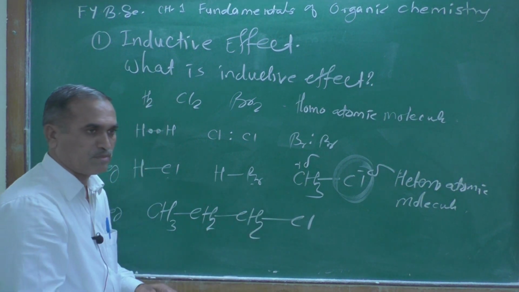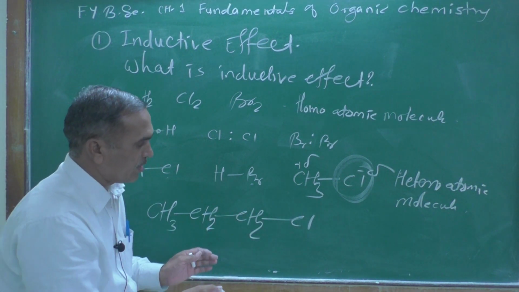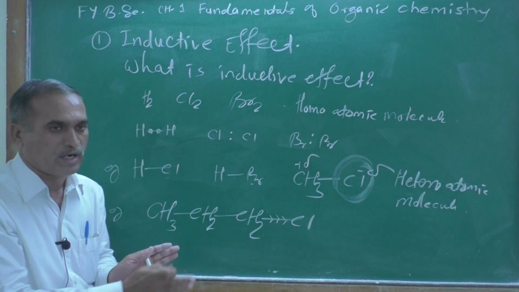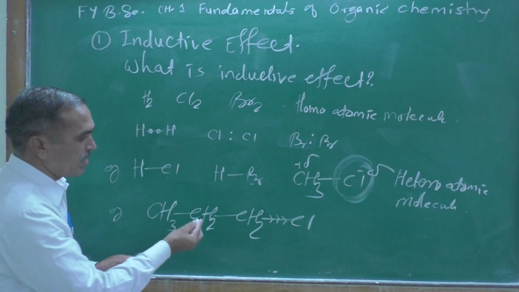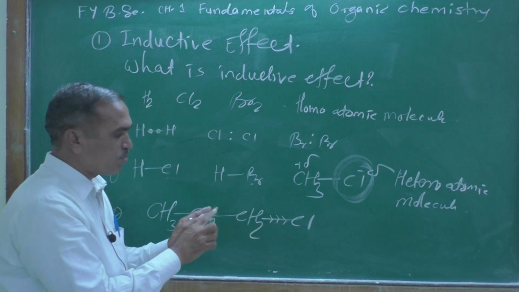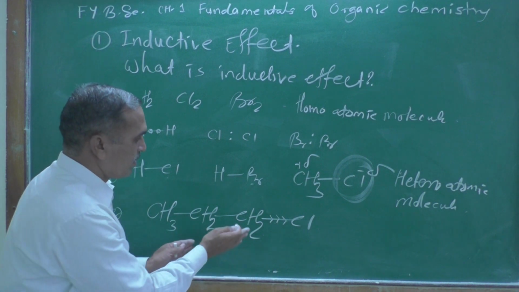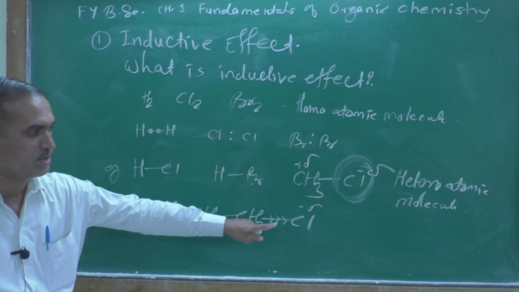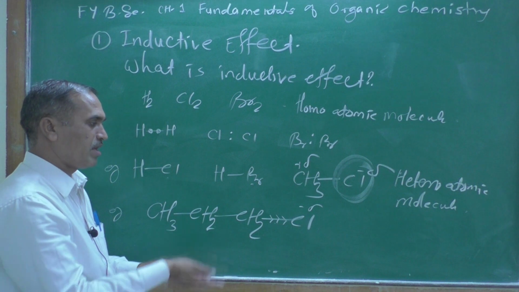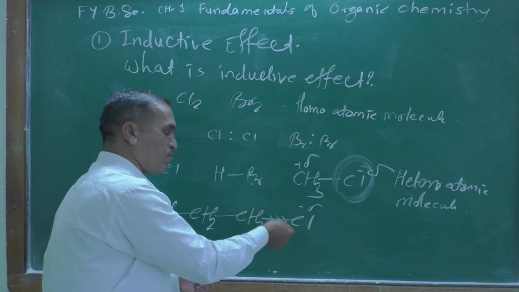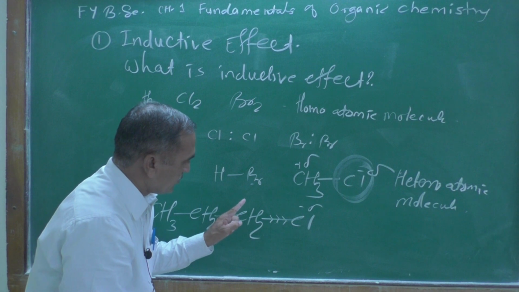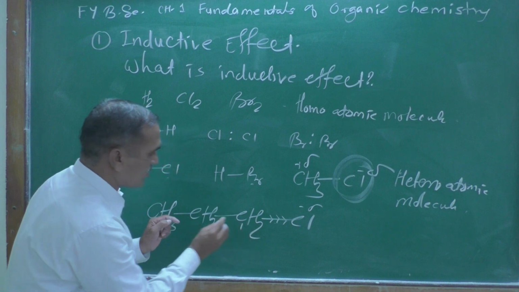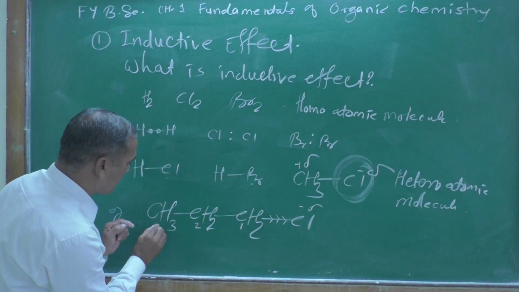Now this chlorine atom, we know, is more electronegative in nature, so it pulls the electron density toward itself, and this bond becomes polar. The chlorine atom acquires a partial negative charge. Hence this is carbon number 1, carbon number 2 and carbon number 3.